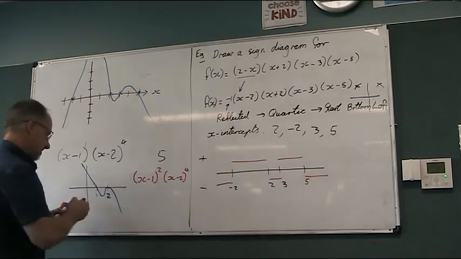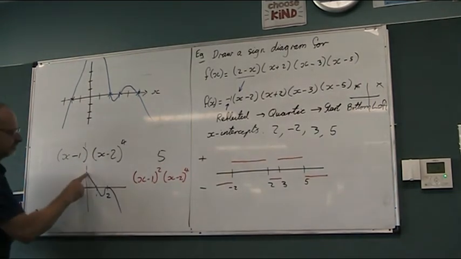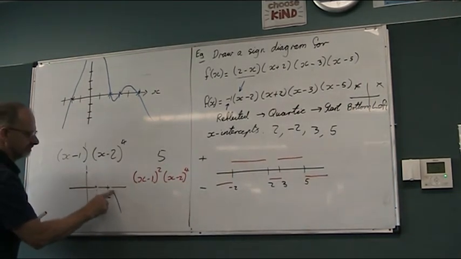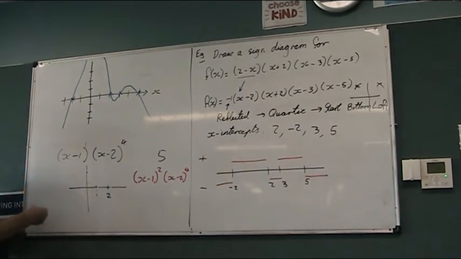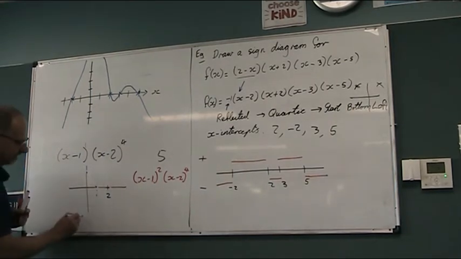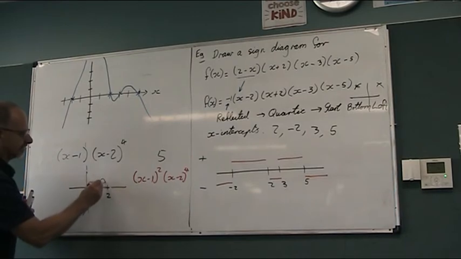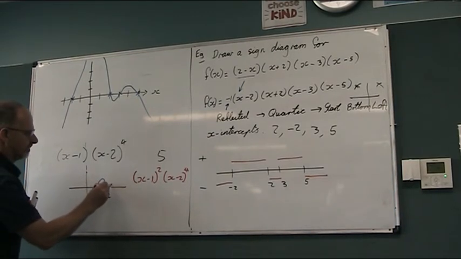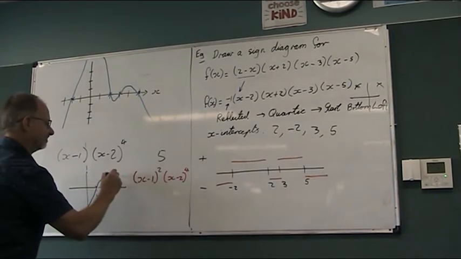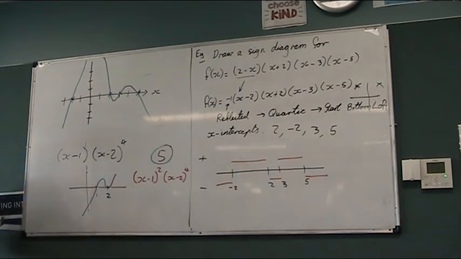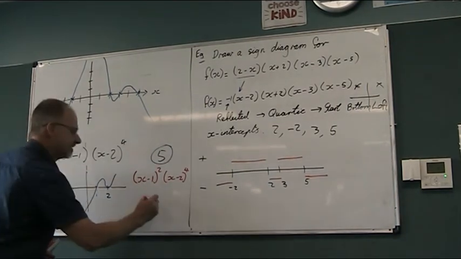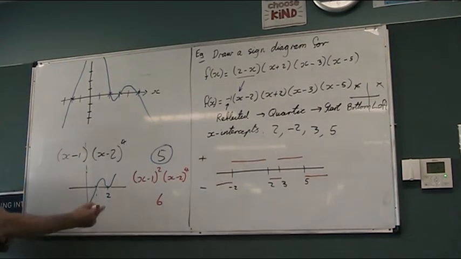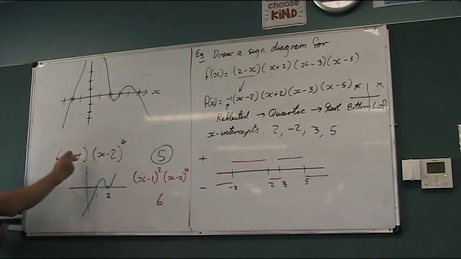I should have started it down here, because odd powers start down here. Now, the red one is power of 6. So even powers start up here.